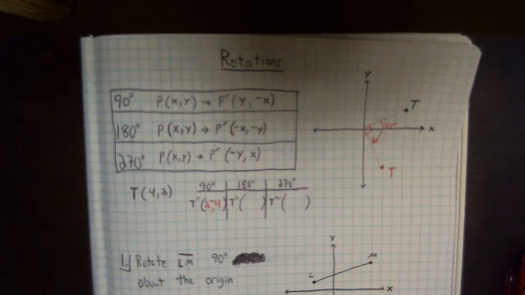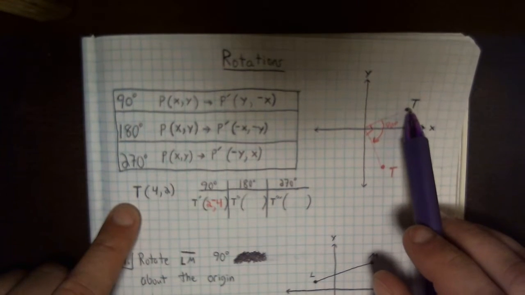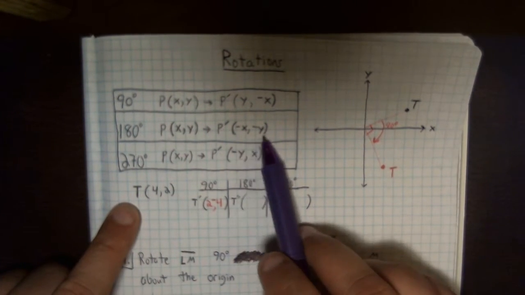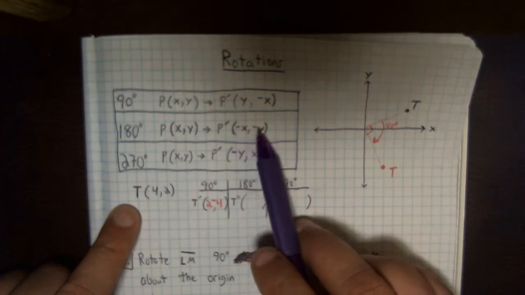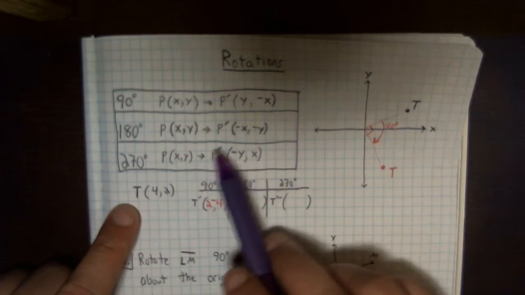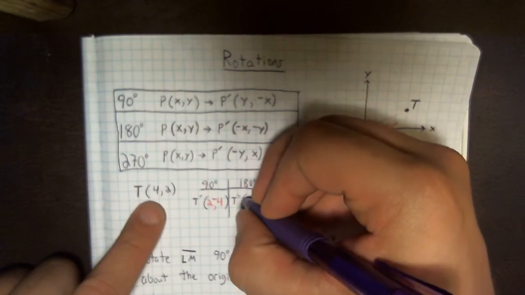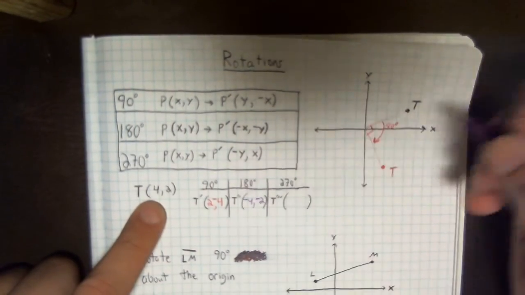Alright, I'm going to do the 180 in a different color. Again, we're starting from 4, 2, so we're starting from T. We want to move it 180 degrees. 180 is really easy. It just tells us to change the signs on x and y. So they don't move positions, but the signs change. So I want 4 to be negative 4, and I want my 2 to be negative 2.